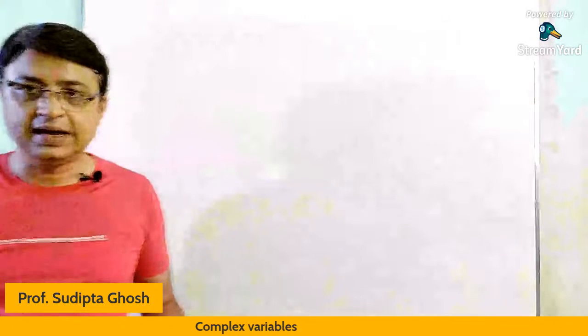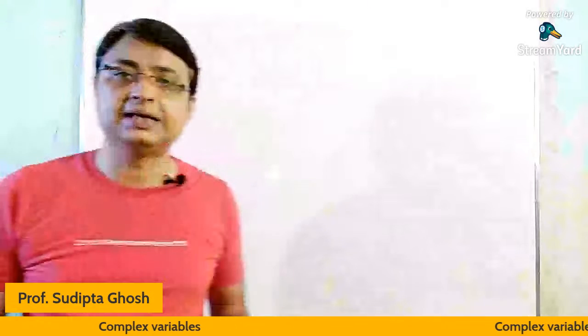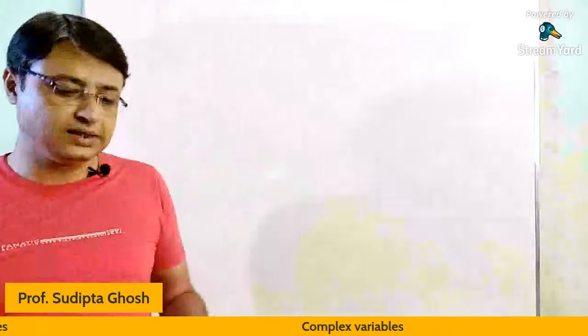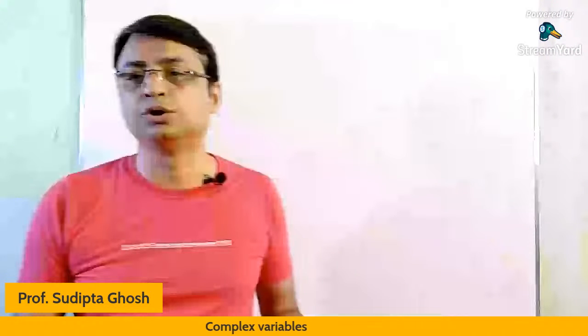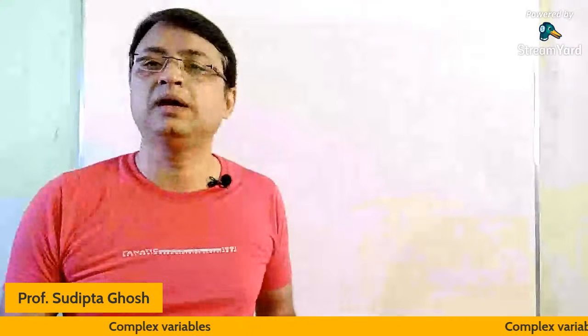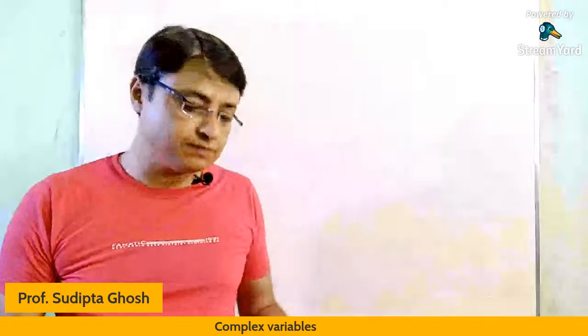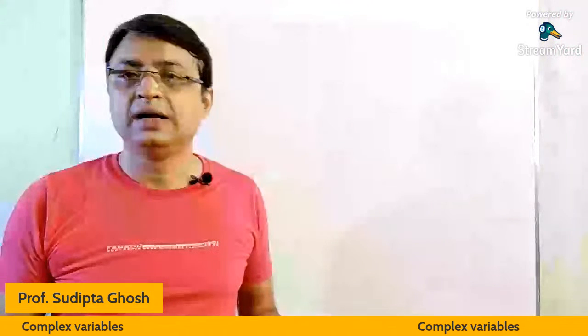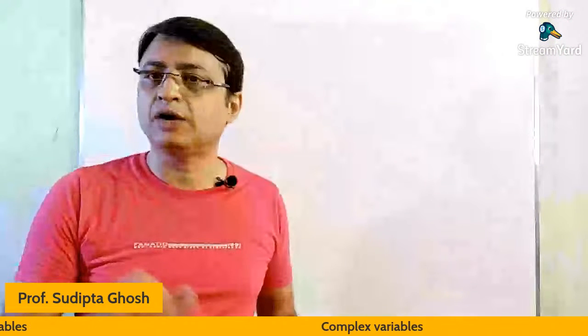Again, I am stating this property that in any analytic function w equals u(x,y) plus j v(x,y), the family of curves given by u(x,y) equals k1 and v(x,y) equals k2 are orthogonal to each other.